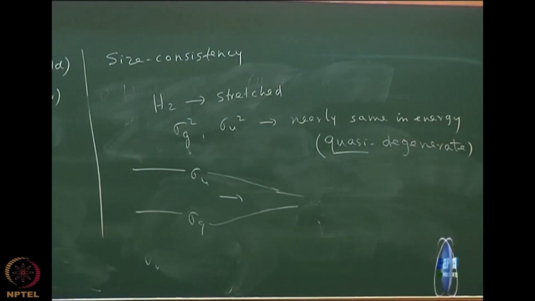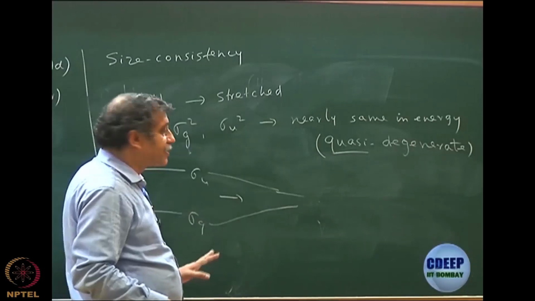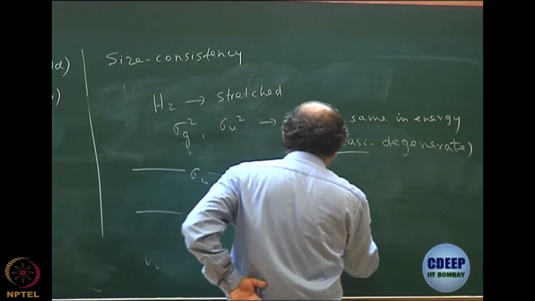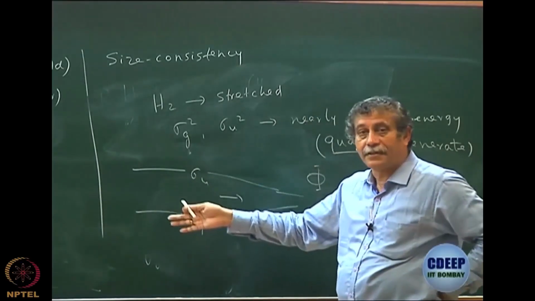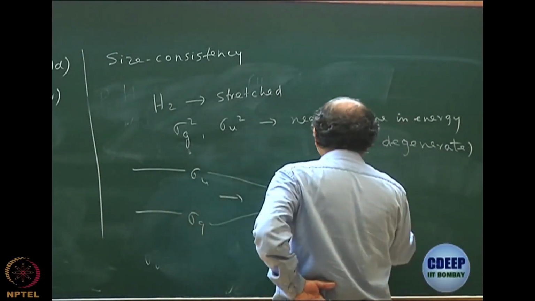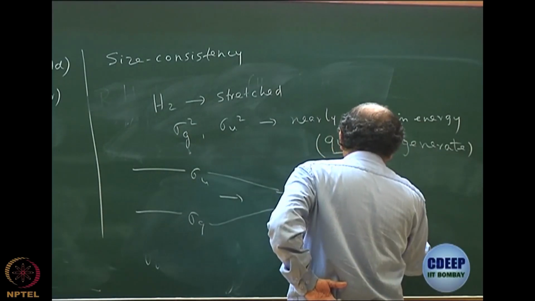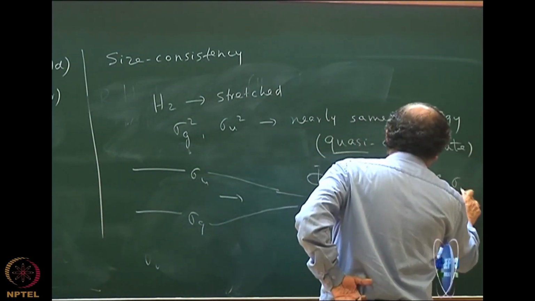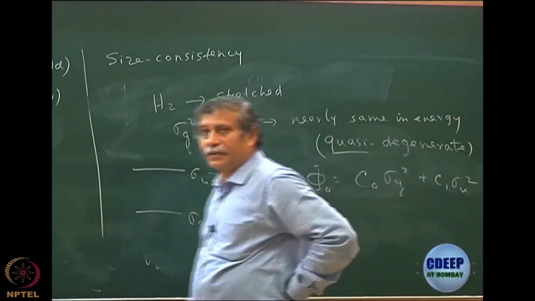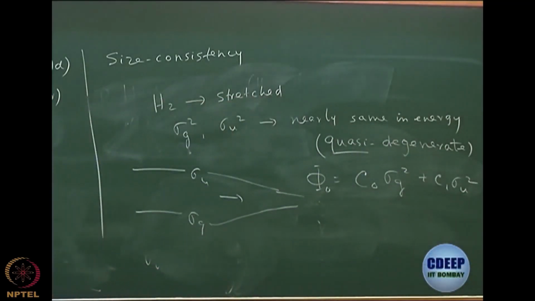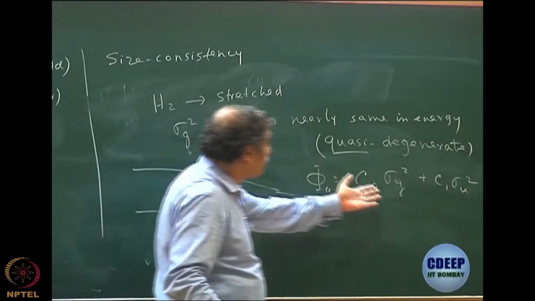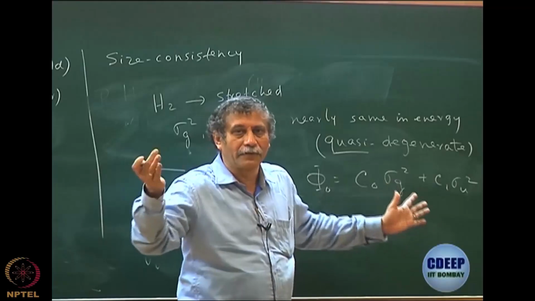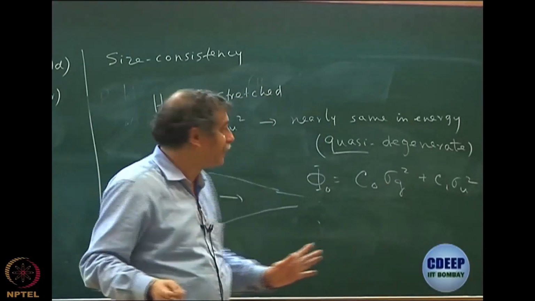Now, in all systems, including degenerate systems, Hartree-Fock fails, and I need to construct the wave function phi naught as some C naught sigma g square plus C1 sigma u square. Right? In a small model, this is exactly full CI, 1 1 bar, 2 2 bar, except the C naught is 1. I mean, normally we have said C naught is 1 for intermediate normalization, but that's unimportant.